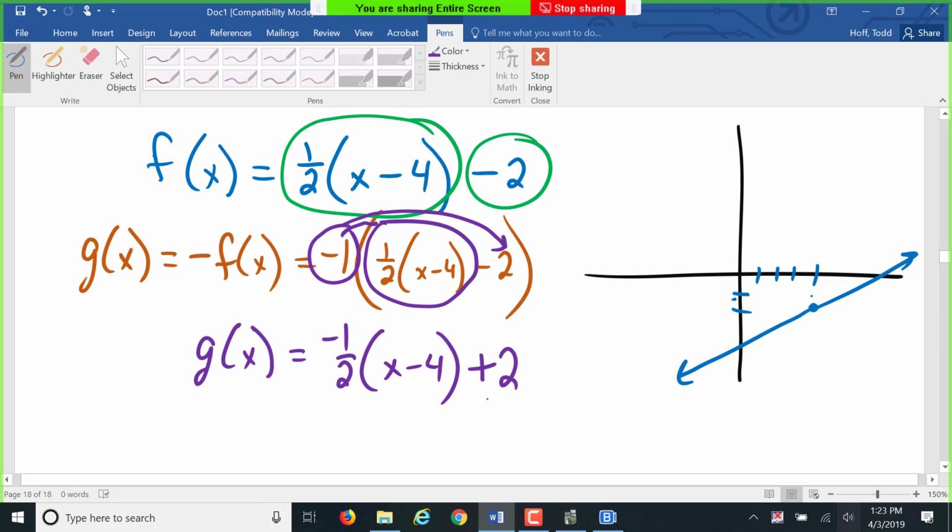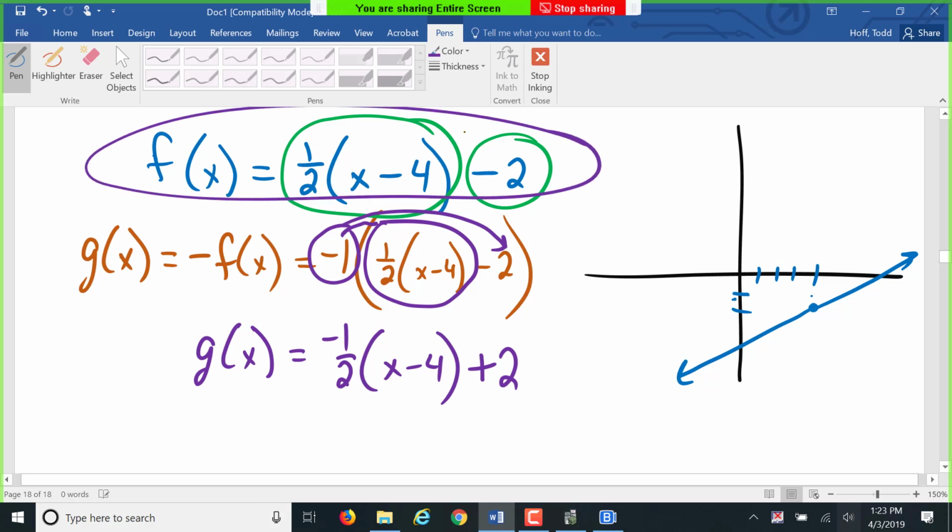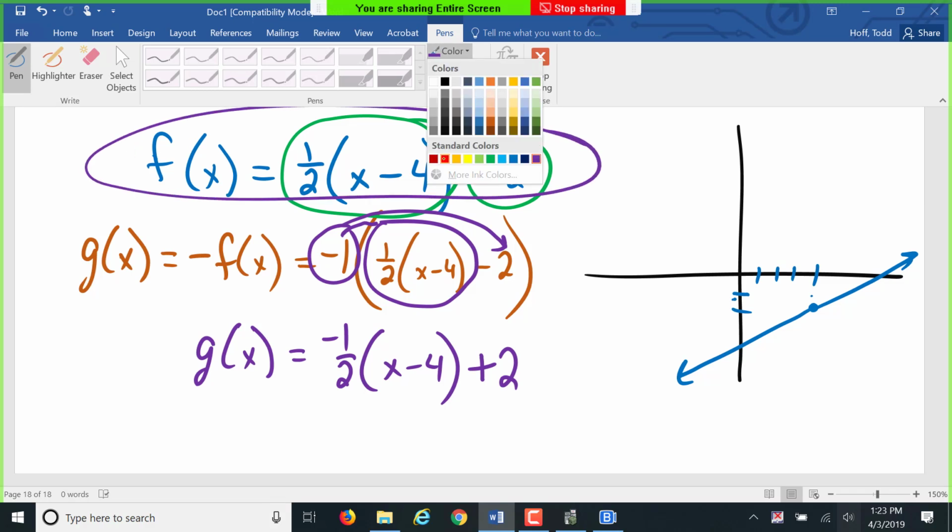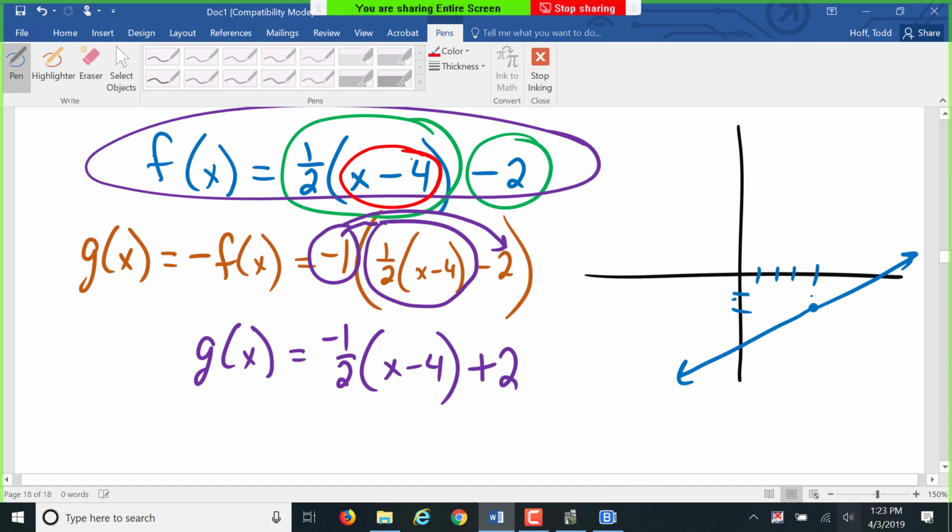Positive 2. You'll notice two things have changed here from the original equation. Let's start with what has not changed, is the x-coordinate of that point it goes through. That's still positive 4. However, the y-coordinate has changed from negative 2 to positive 2.